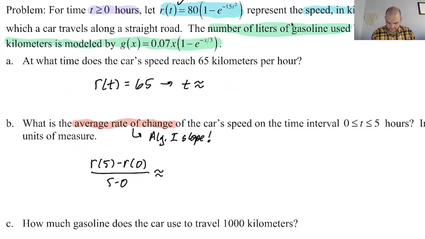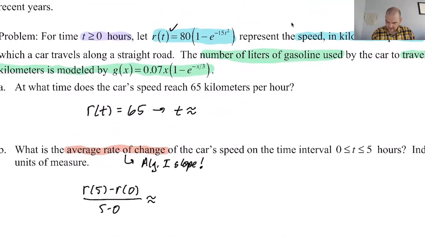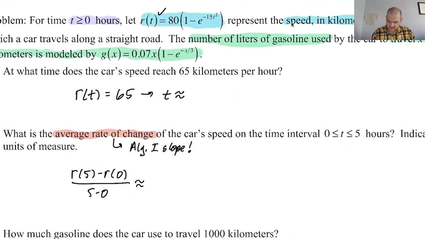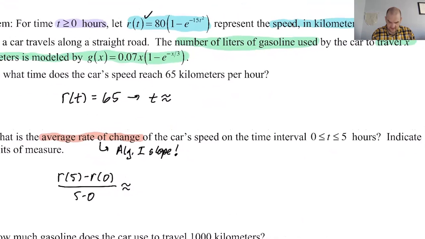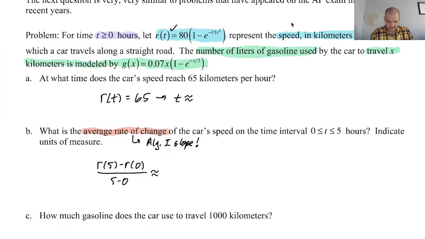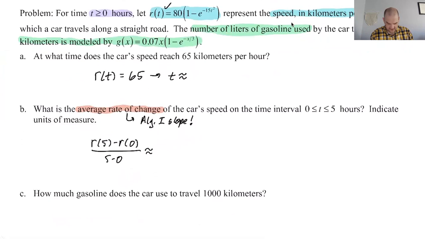Speed should be in kilometers per hour, right? So what you're doing is the average rate of change of the speed. We'll work that out after the calculator section, after I start punching things into a calculator, which is going to be soon.